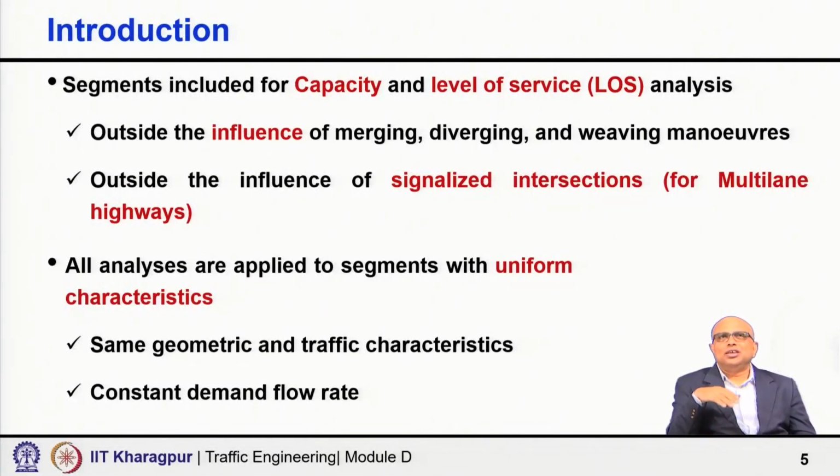Second, we are analyzing for capacity and level of service those segments which are outside the influence of merging, diverging and weaving maneuvers, because the impact and interactions will be somewhat different in sections in close proximity to merging, diverging or weaving sections. And also, as I have said earlier, particularly for multi-lane highways, these segments are outside the influence of signalized intersections.